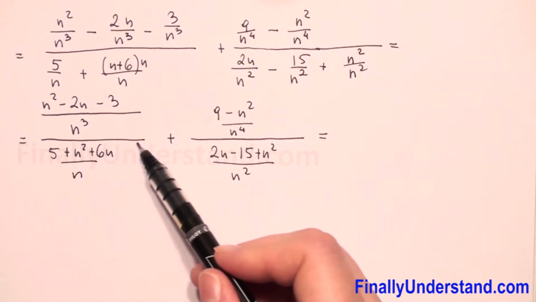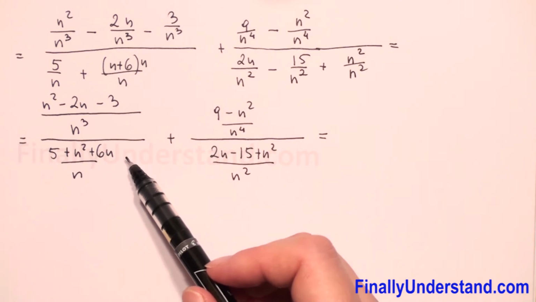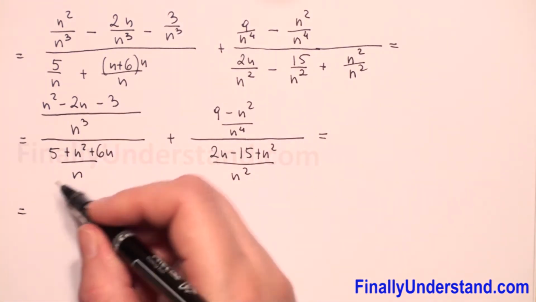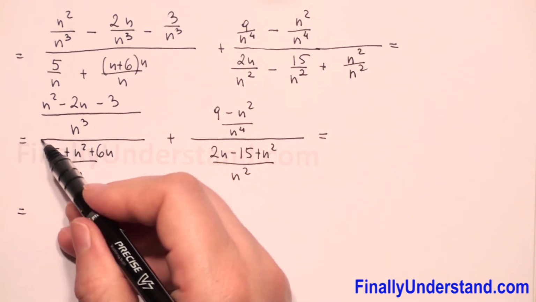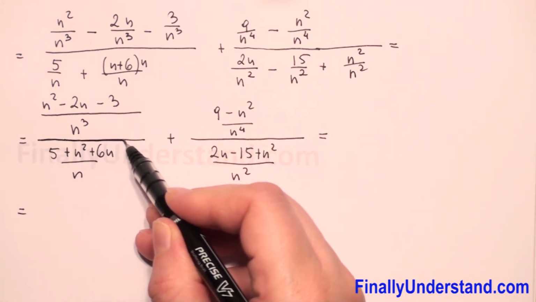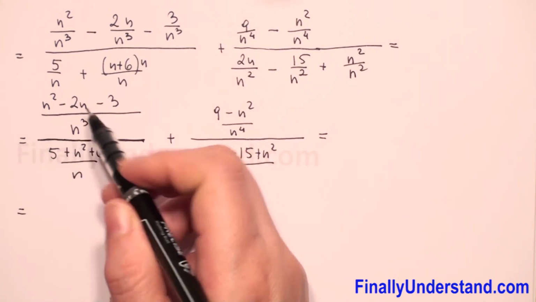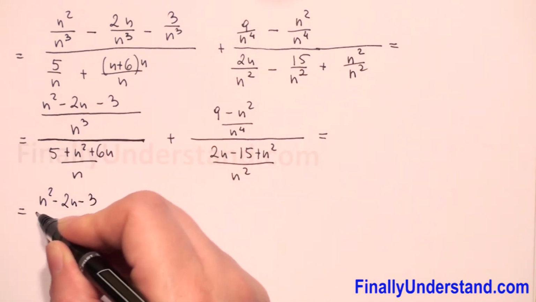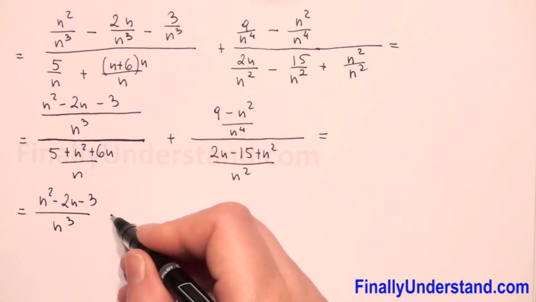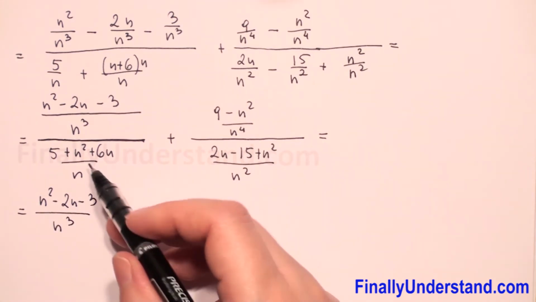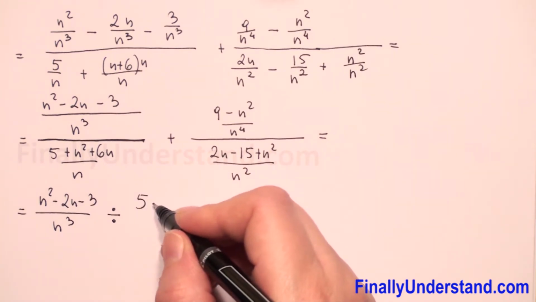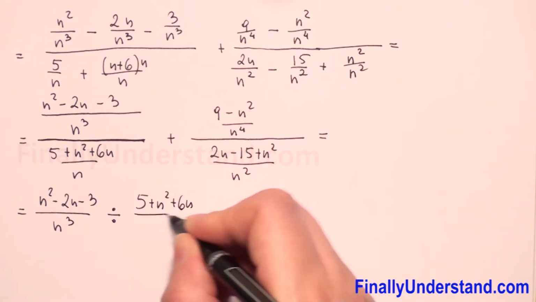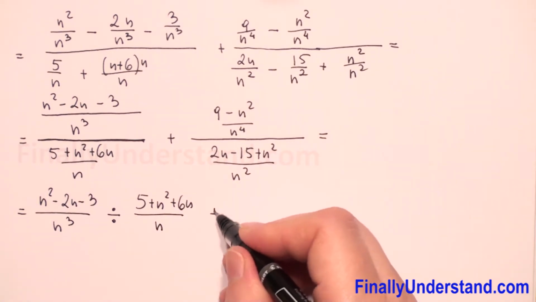because this fraction bar means division, so we can rewrite the first fraction. This main fraction bar I will change to division, so the numerator I will copy, n squared minus 2n minus 3 over n cubed, divided by 5 plus n squared plus 6n, and we have plus.